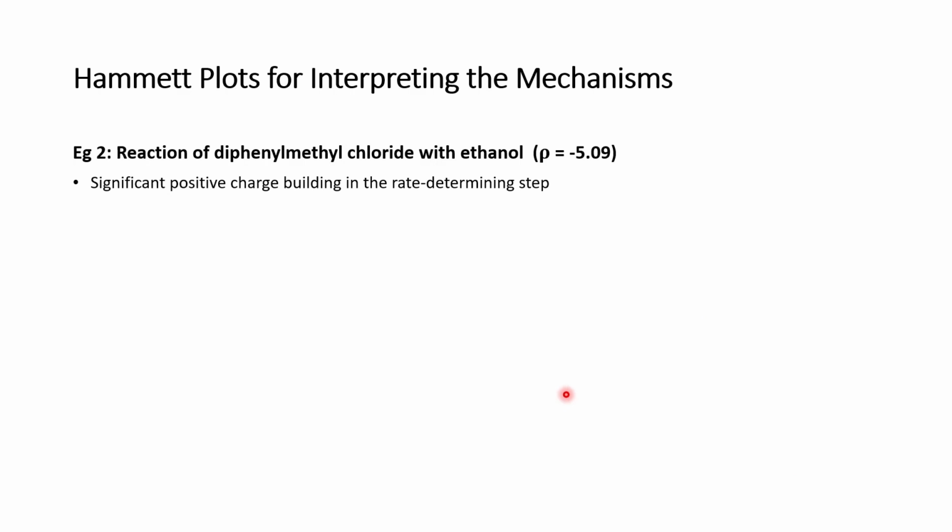As my second example, I have here the reaction of diphenylmethyl chloride with ethanol. The reported rho value for this reaction is minus 5.09. By just looking at the rho value, you can tell two things: that this reaction is sensitive towards the substituents, and also since it has a large negative value, that indicates a significant positive charge is building during the rate determining step.